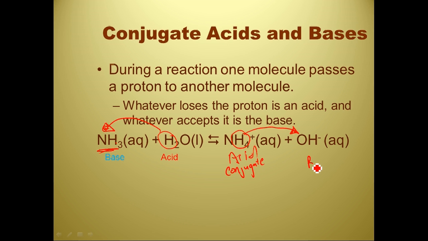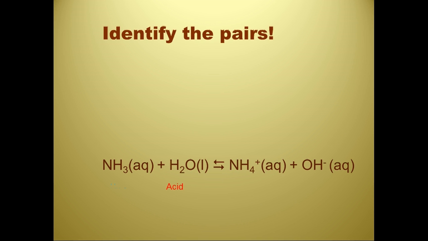And this is going to be my base because it's accepting the hydrogen. And I'm going to label it as my conjugate. It helps if I can spell. I've done this only 4 times today, so. All right, there we go. And that's the basics. Identifying the pairs, well, we just did that, so we're going to skip through that.